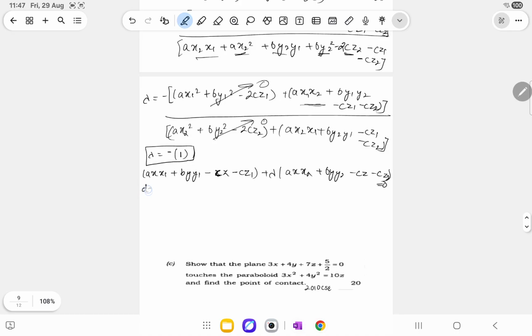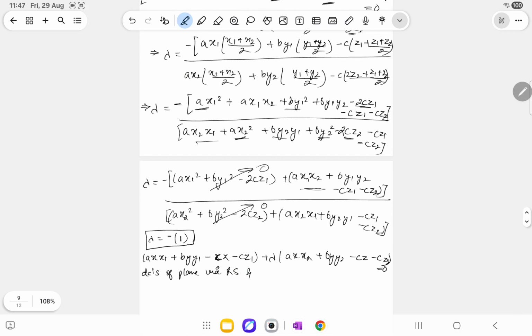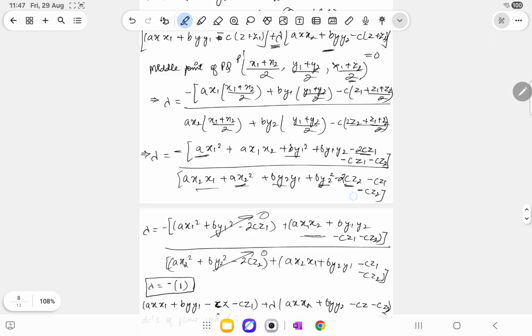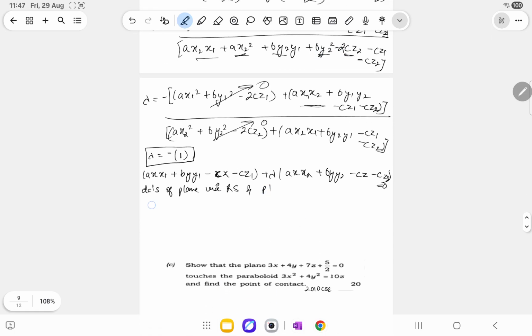So direction cosines of the plane via RS and the middle point of PQ, let's name it as P dash, will be basically ax1 minus x2 (lambda is minus 1), comma b y1 minus y2, comma 0. So this is basically the direction cosines of the normal to this plane.